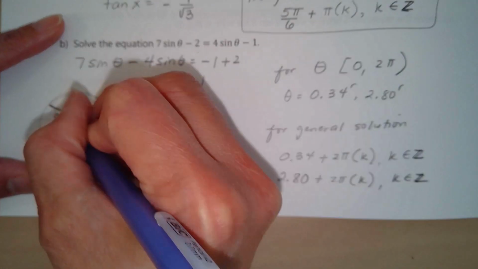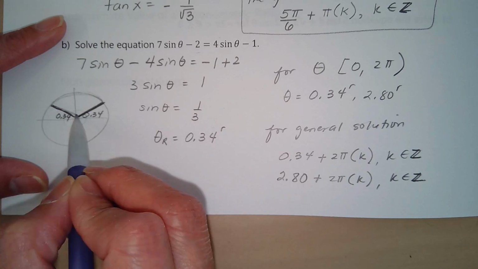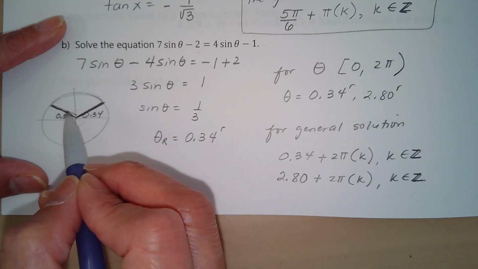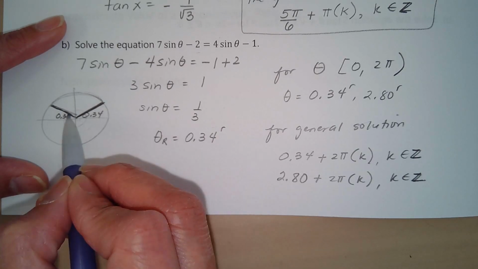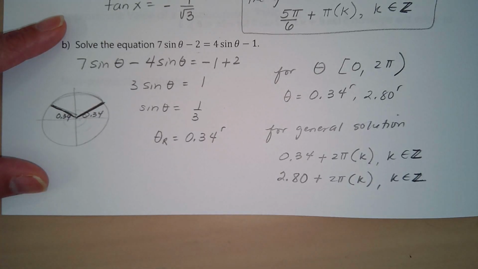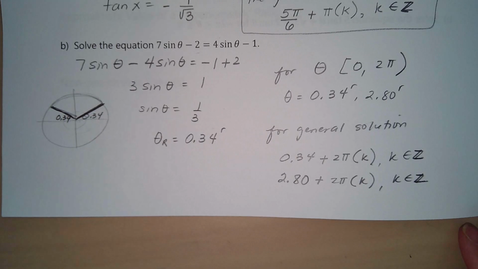And then this one here, to get back to this angle, this terminal arm, you have to go around 2 pi each time, either positively turning 2 pi or negatively turning 2 pi. Is that good? Any questions? No?